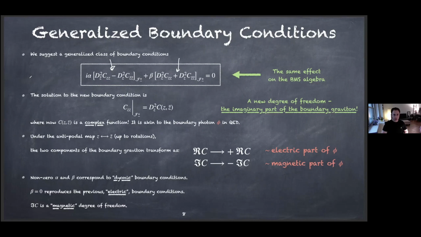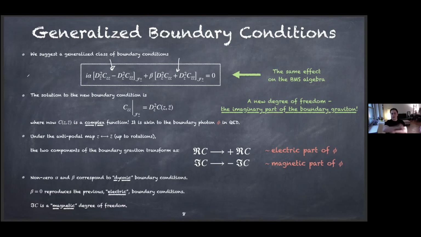And again, instead of showing the technical details, I will allude to the physical mechanism. One can say that this boundary condition is doing precisely the same thing. It puts a constraint, or it relates the two polarization modes of the graviton at zero momentum, because it is all evaluated at spatial infinity.